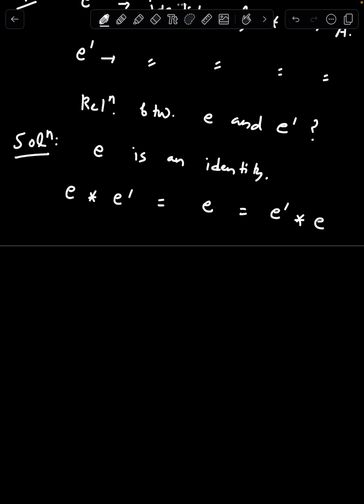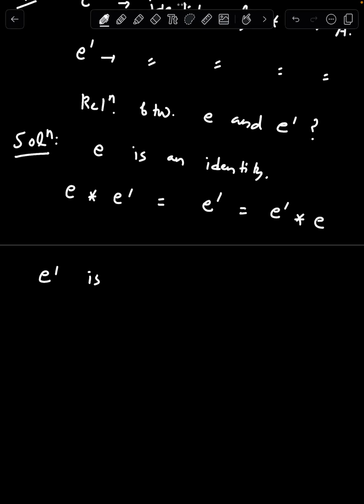E star E dash should be E dash equal to E dash star E. Now E dash is an identity.